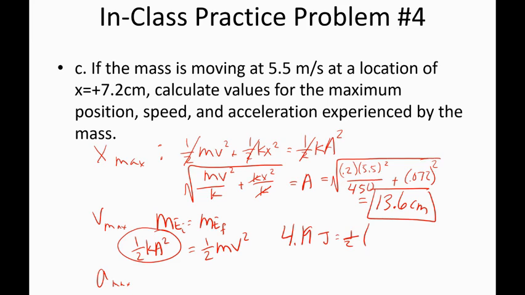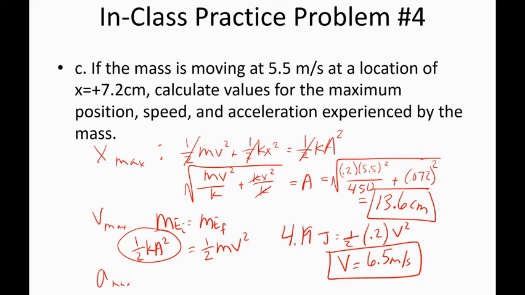My mass, again, is going to end up being 0.2 v squared. So my velocity max is equal to 6.5 meters per second.